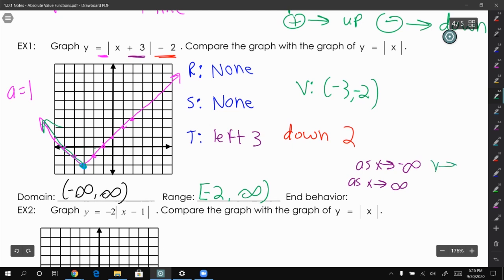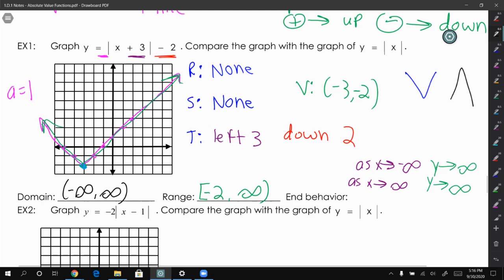So we say y approaches infinity. And the right side is also going up. So in an absolute value function, the ends will do the same thing. Because if we look at a v, that's what an absolute value function is. If the graph is a v, the v is either pointing up or the v points down. So the ends will go in the same direction.